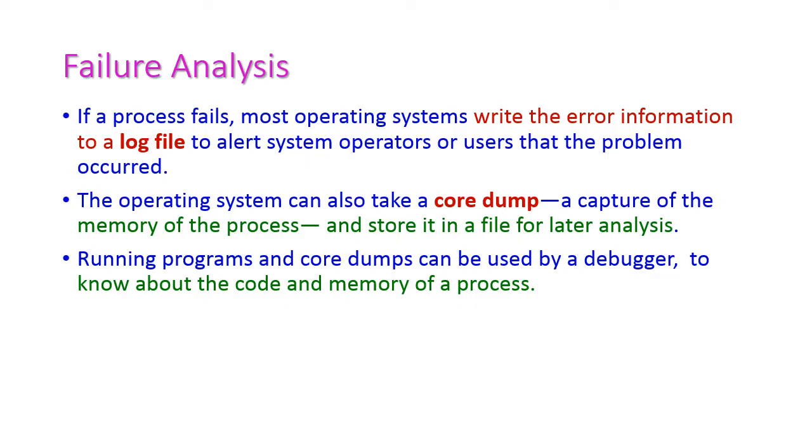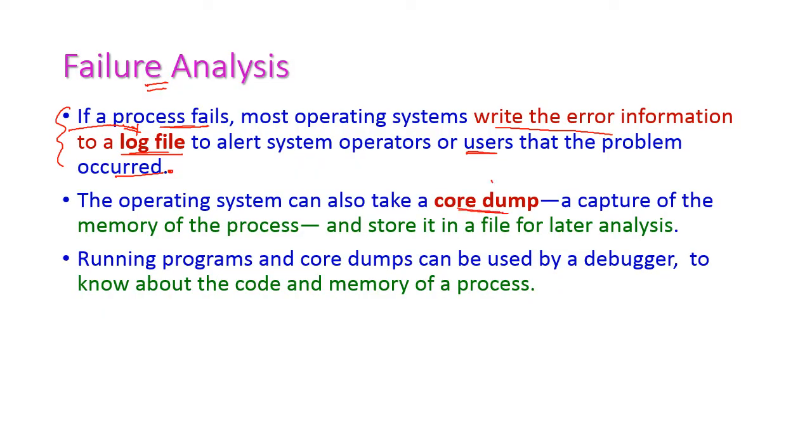In debugging, first let us discuss failure analysis. Here, if a process fails, the operating system will write the error information to a log file to alert the system operator or user that a problem occurred. All the error messages will be written into the log file, and the operating system will also take a core dump.